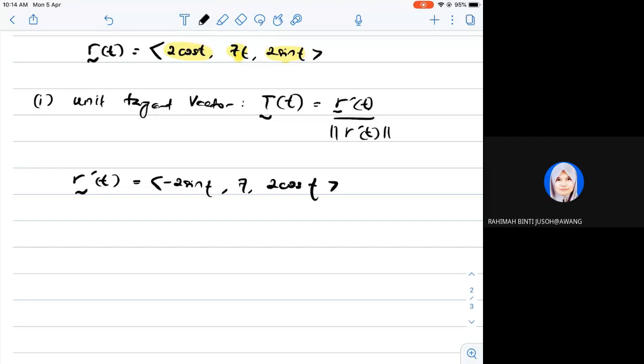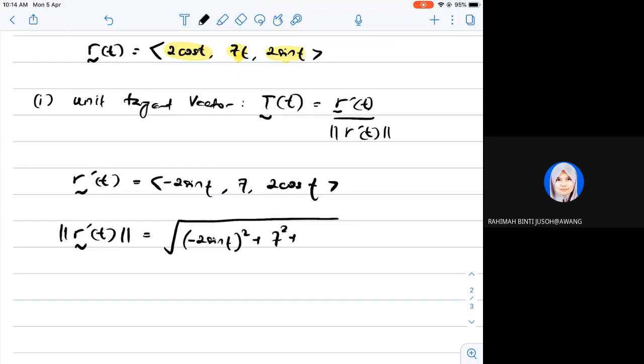Okay. So now we need to find the magnitude of R prime T. So magnitude of R prime T equals the square root of negative 2 sine t squared plus 7 squared plus 2 cos t squared, like this. Okay. So now the next step is we have to expand, of course.